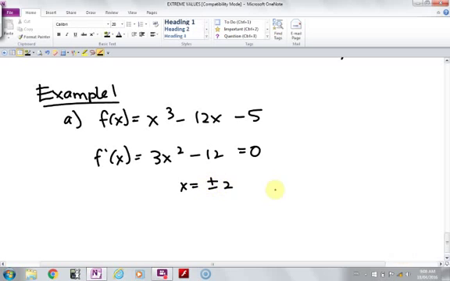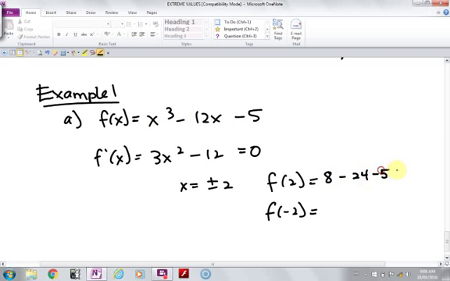Now, those are the critical values. So the critical points occur at 2 and negative 2. So we want to plug 2 in here. And we get 8 minus 24 minus 5, which is minus 21.